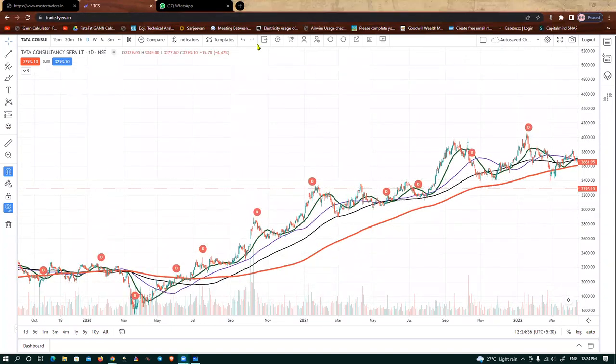You can see here, it was almost flat till now, and it started to rise here, but more inclination came here.